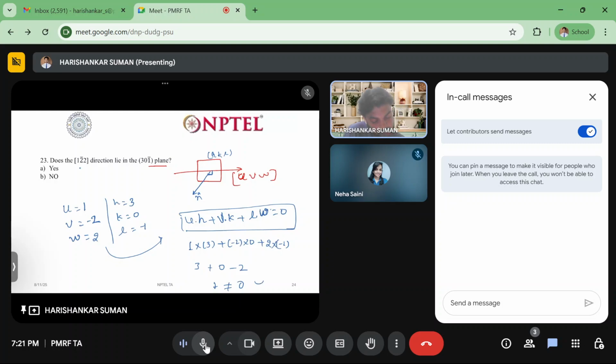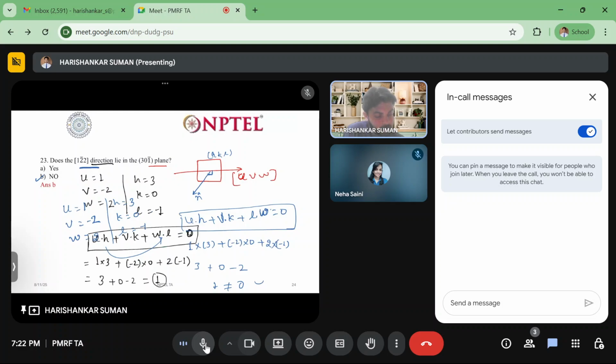So this direction doesn't lie in this plane. Okay, doesn't lie.